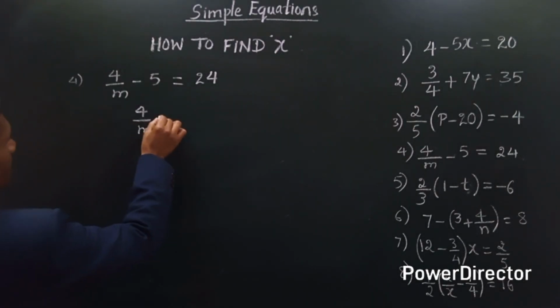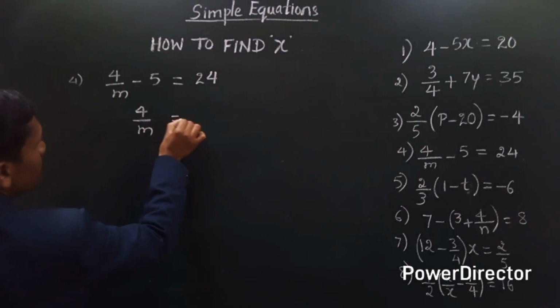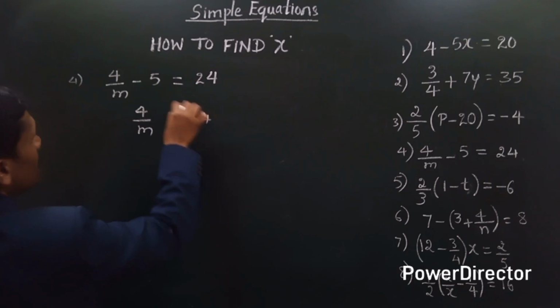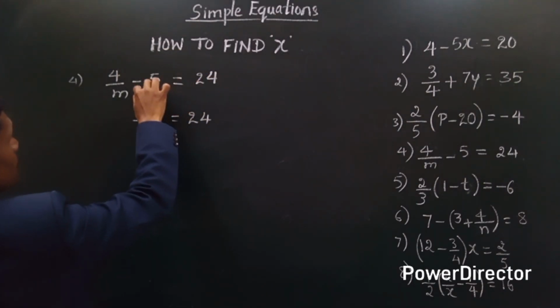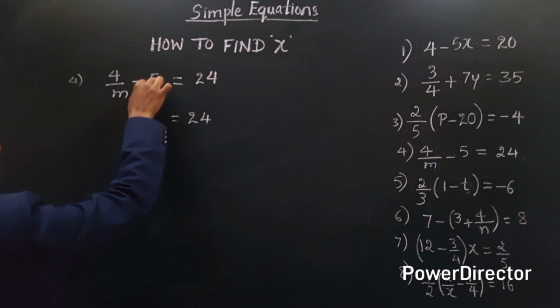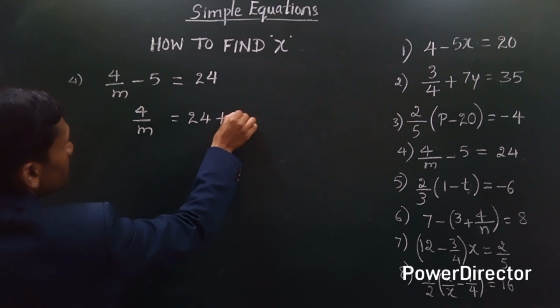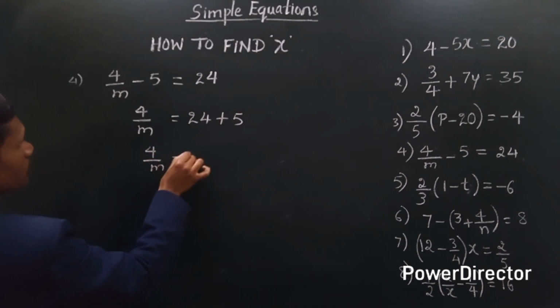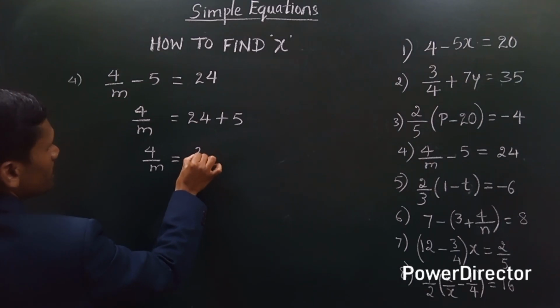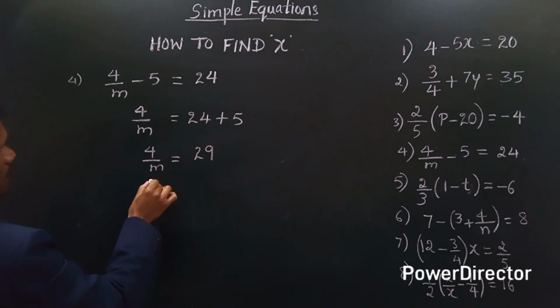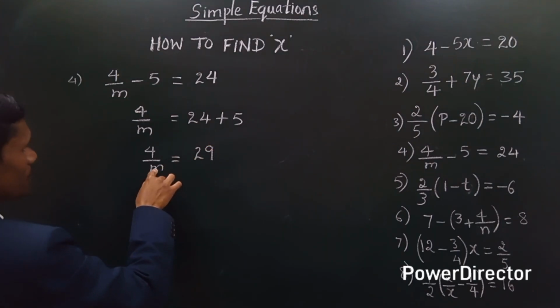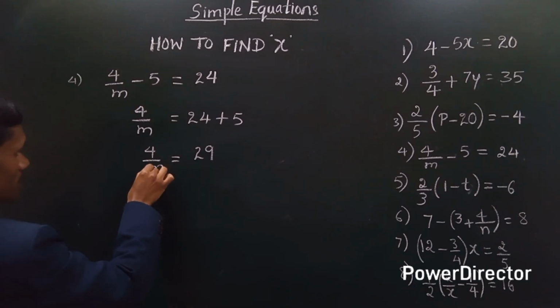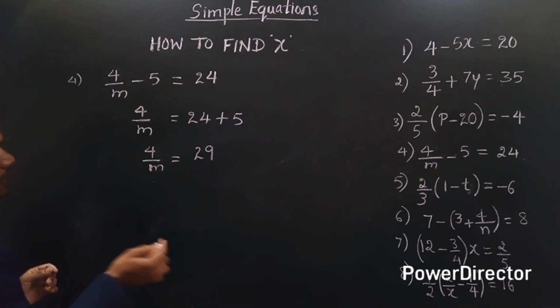Now here 4 by m minus 5 is there. What I'll do, 24. I'll transpose this to the other side. What happens? The negative sign changes to a positive sign. This becomes plus 5. So this becomes 4 by m is equal to 24 plus 5, which is 29. Right? 29. Next coming to here, we don't want 4 by m, we want m.